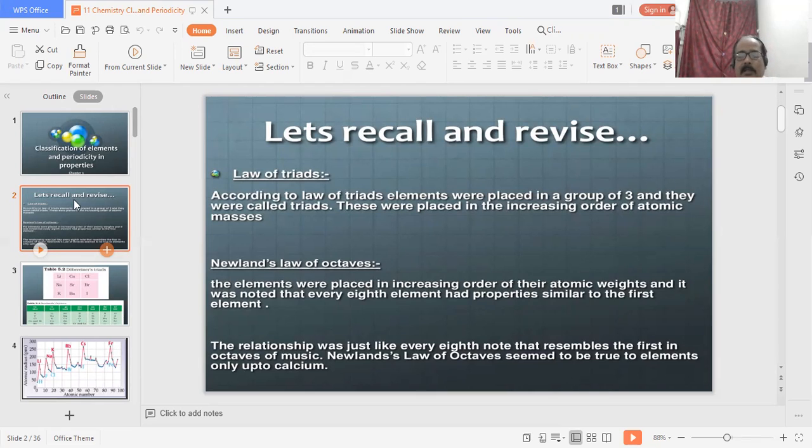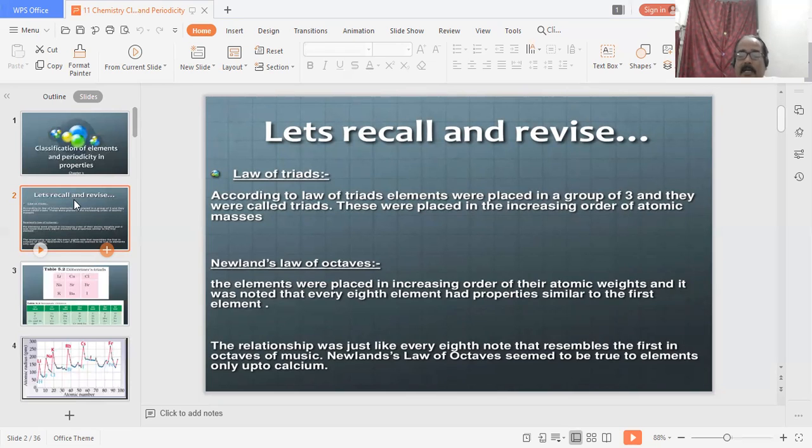in the rhythm sa re ga ma pa dha ni and again sa, meaning elements number 1, 2, 3, 4, 5, 6, 7 are present in a straight line, and the eighth element is put below the first element. 9 is second, 10 is third, 11th is fourth, 12th is fifth, 13 is sixth, and 14 is seventh.